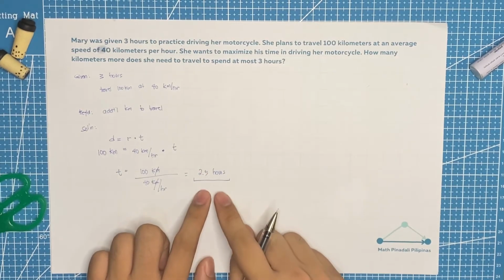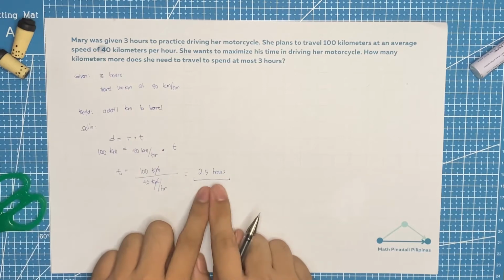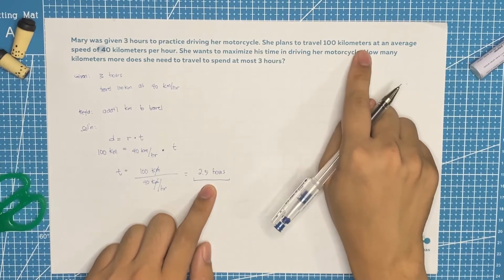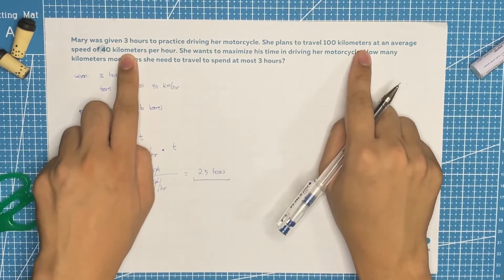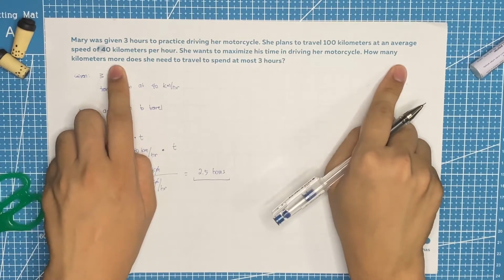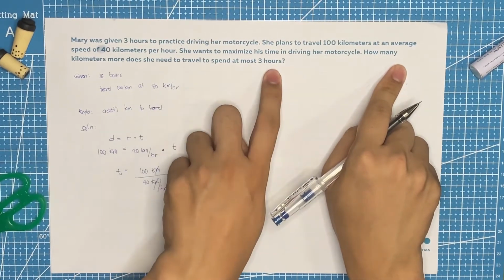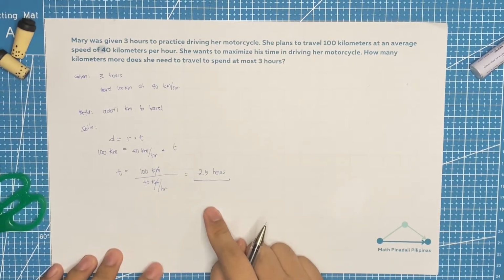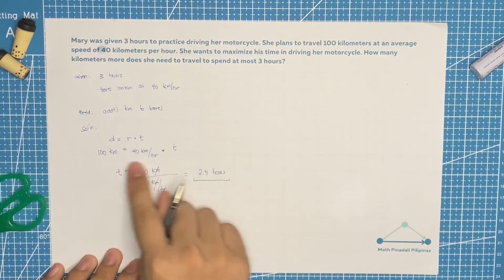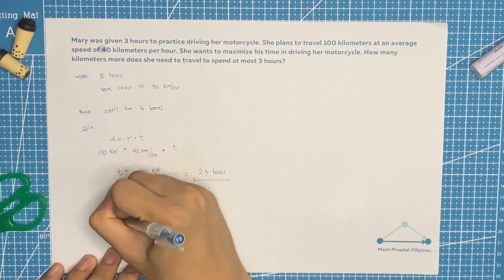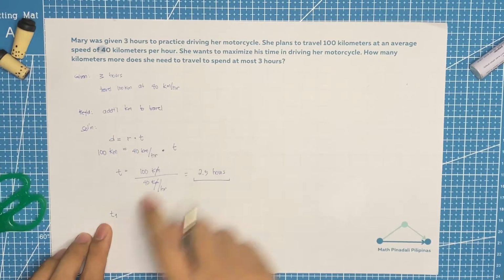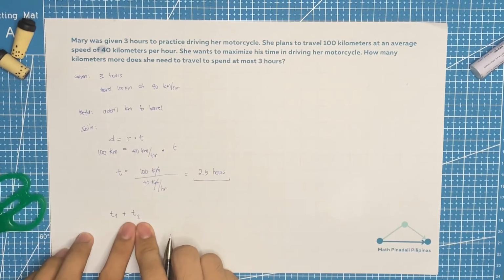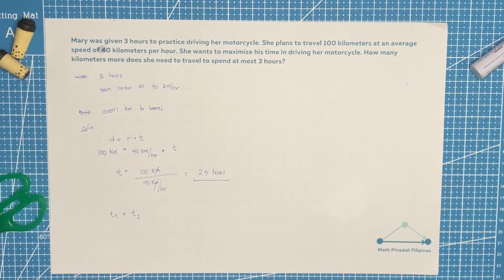Tama? Now, ibig sabihin, Mary will be consuming 2.5 hours of her 3 hours in traveling 100 kilometers at a speed of 40 kilometers per hour. Ngayon, ang tanong, how many kilometers does she need to travel to spend at most 3 hours? Ibig sabihin, alamin natin kung ilan pa yung oras na natitira sa kanya. Let's assume that this is T1, yung time na ginamit niya in running the 100 kilometers, plus T2, the time needed to run for the additional kilometers to travel.